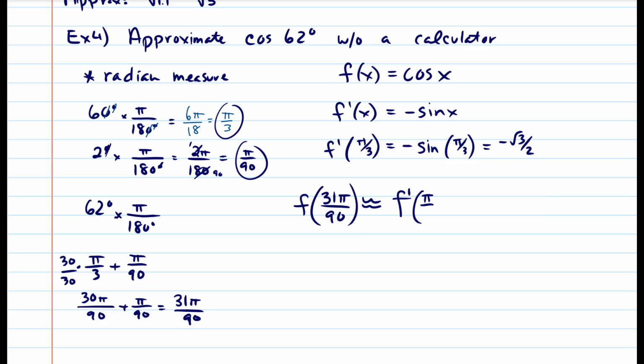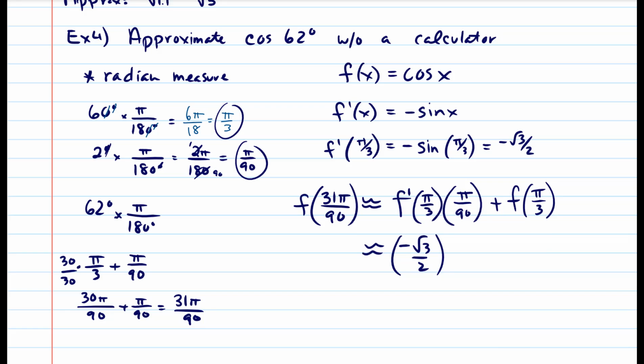pi over 3 multiplied by the little extra that we're adding on to it, plus the function at the spot that we know already. So approximation is, this would be negative root 3 over 2. This would be, we already have it, it's just pi over 90.